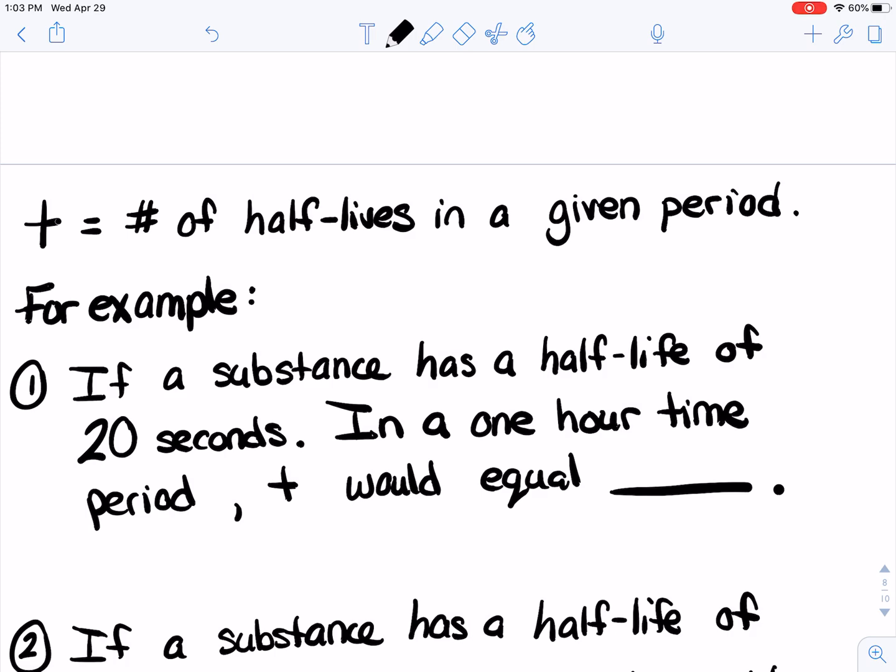Now, 20 seconds happens 3 times in 1 minute. Well, in 1 hour, there are 60 minutes. So I'm going to multiply that by 60. So my answer is 180. So in this particular example, I would be raising it to the 180th power.